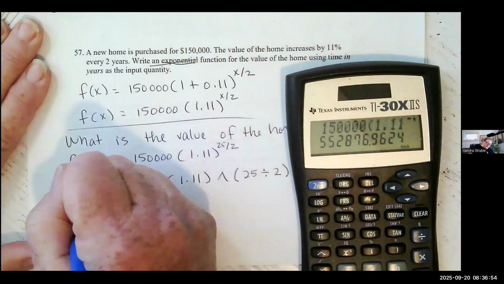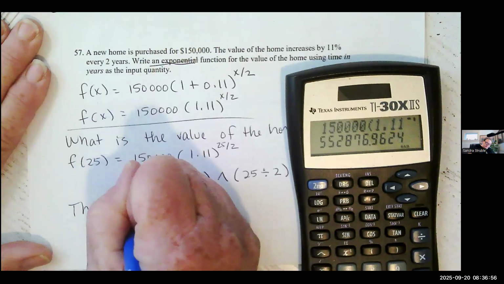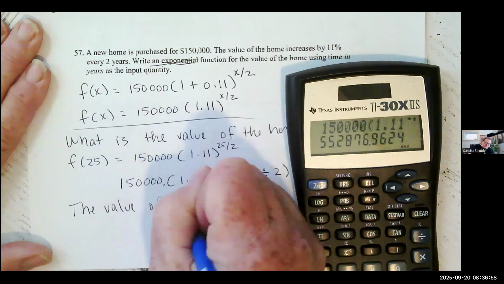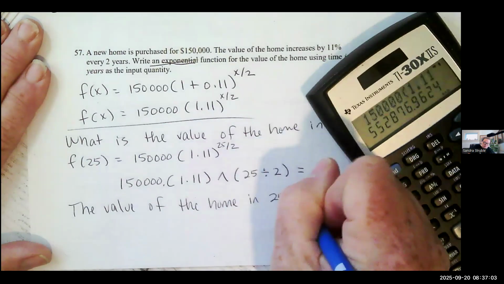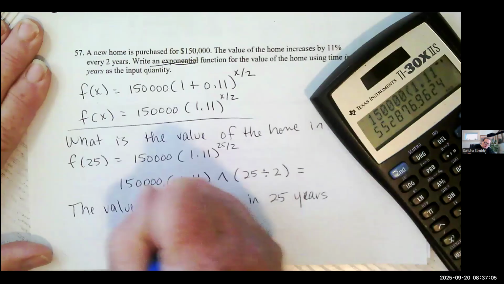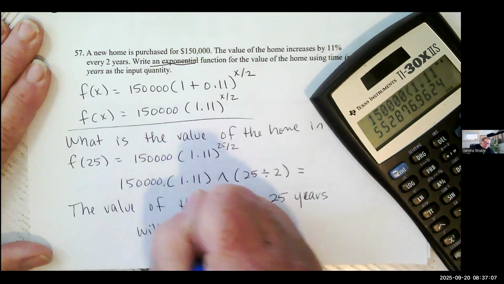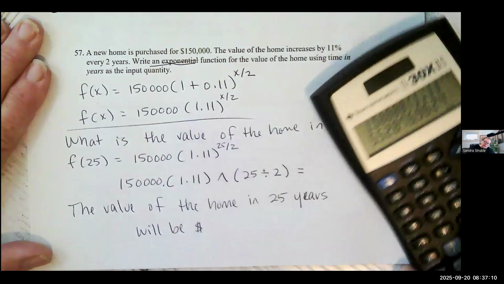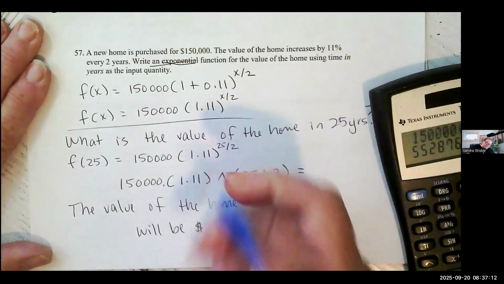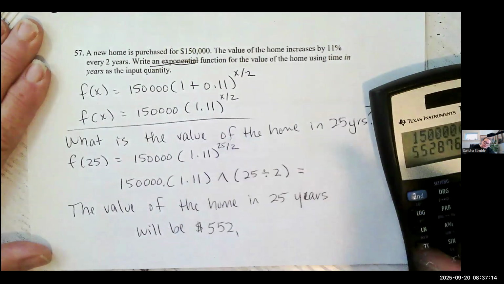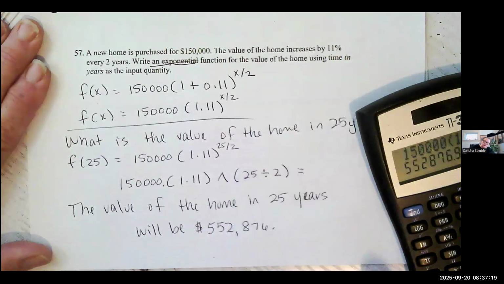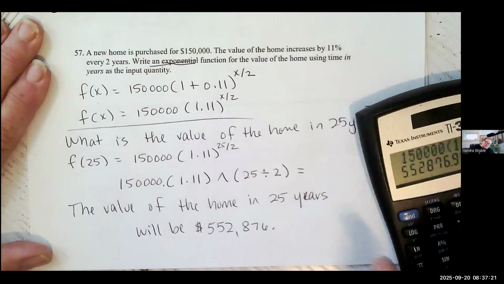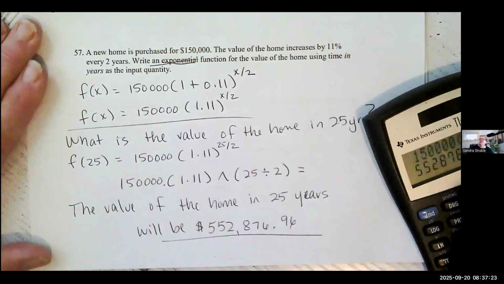So the value of the home in 25 years will be 552,876. This you have to take to the second digit, 0.96. You have to take it to the 6.